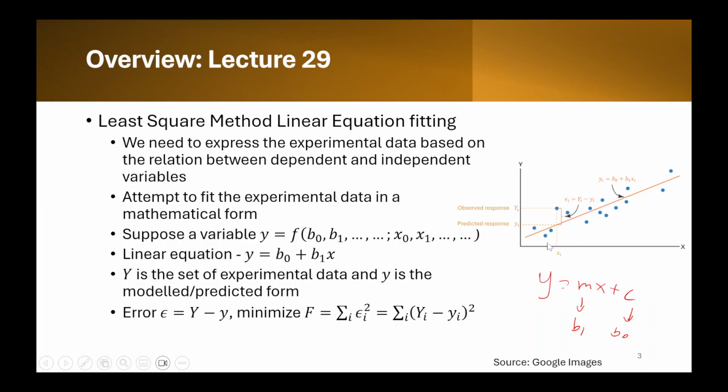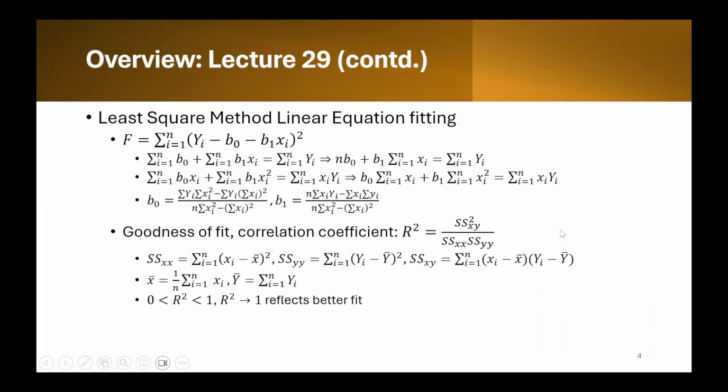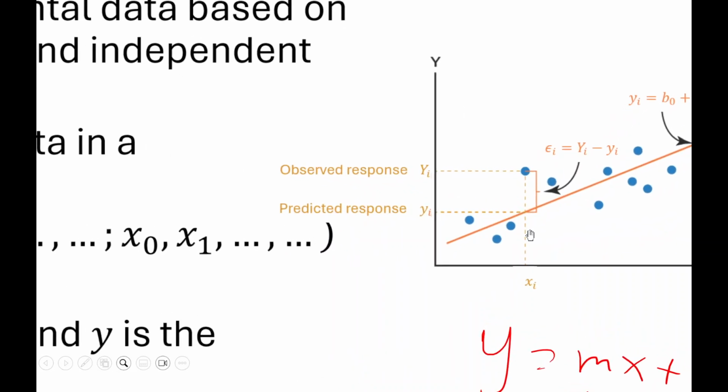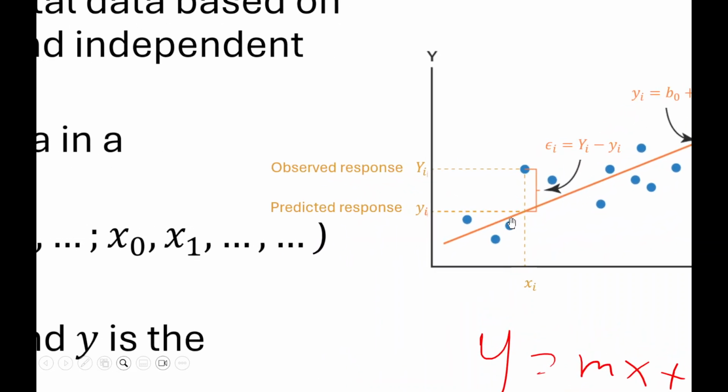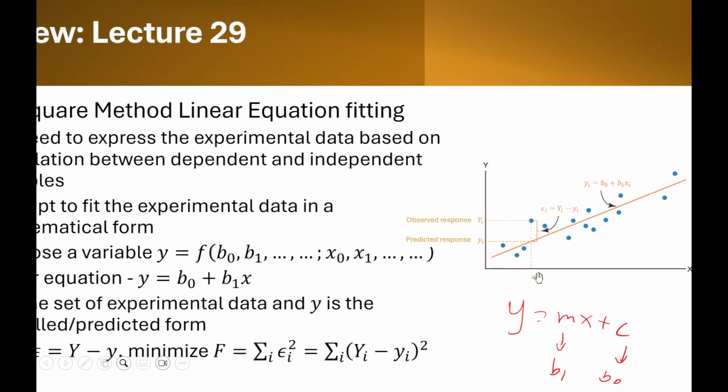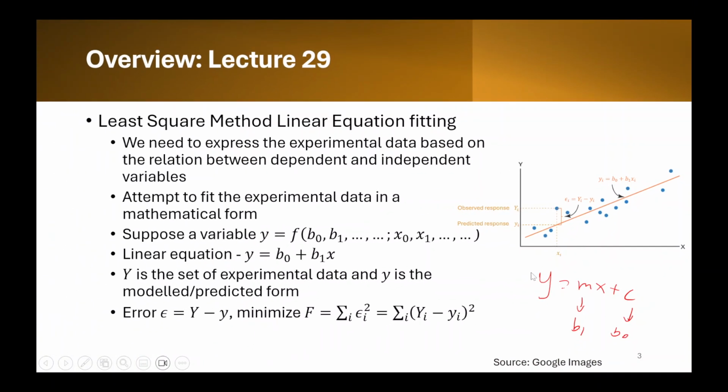So for this xi, the error will be this distance. For this xi, the error will be this distance. We need to square it and then sum all these values. That is the sum of the square of the errors, and we need to minimize that function.